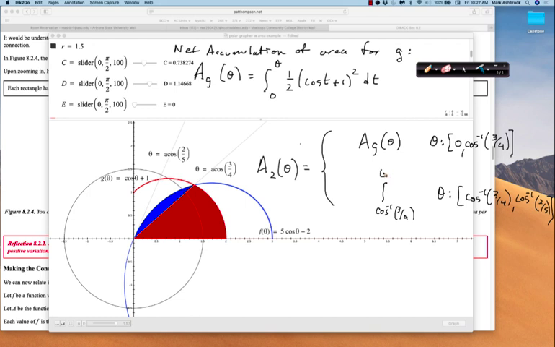Theta of what? 1/2. I'm going to use f. Is that okay? Because I don't have room. But you could write that out right there. Squared. Is that it? Is that a net accumulation of area function? Not quite.